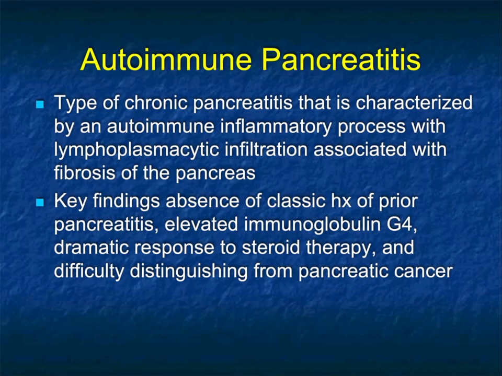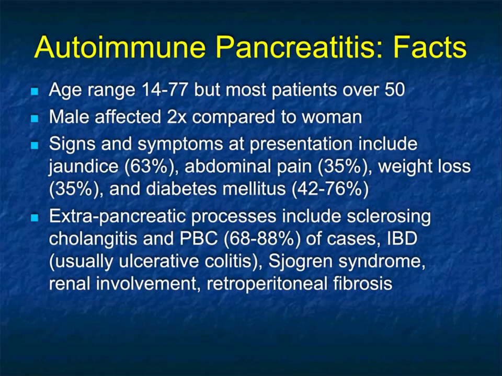It's an inflammatory process, lymphoplasmacytic infiltration, where it looks almost identical to pancreatic cancer on the imaging, but also clinically. Important things in making the diagnosis: elevated IgG4 levels, but that's only in about half the cases. The thing about autoimmune pancreatitis, if you suspect it, patients are given 40 milligrams of prednisone for basically 2 weeks, and the pancreas will shrink down and you'll make the diagnosis.